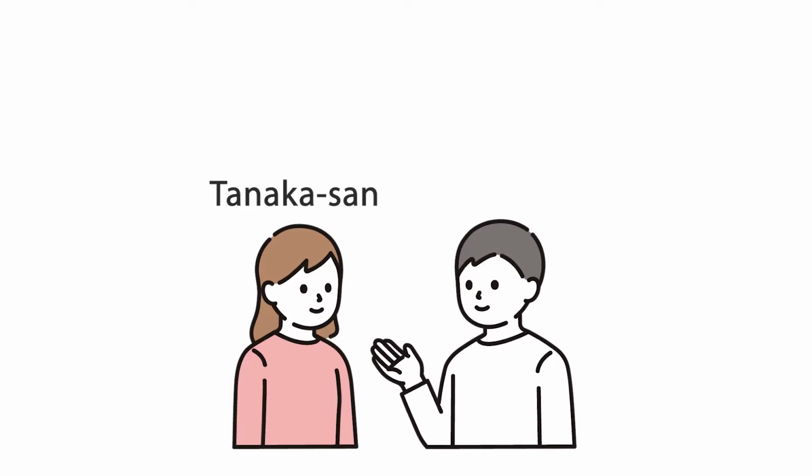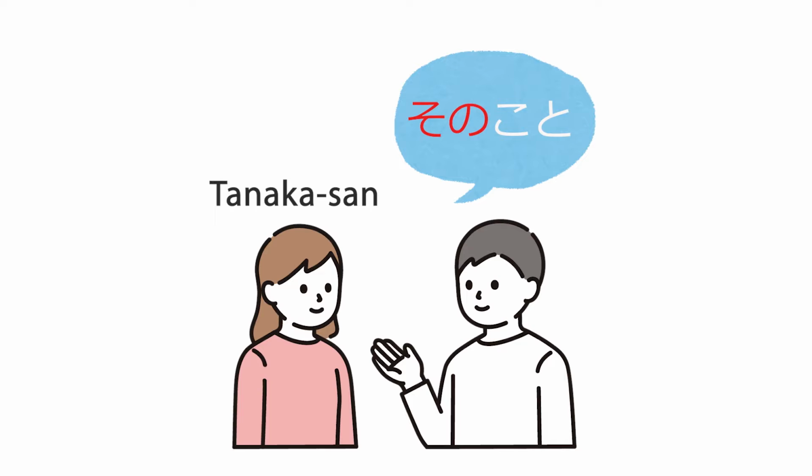The difference is the speaker's perspective. If Tanaka-san says このこと, then she feels close to the topic of the conversation that she is referring to. While if she says そのこと, then it feels like Tanaka-san is putting some distance between herself and the topic and trying to be objective about it.